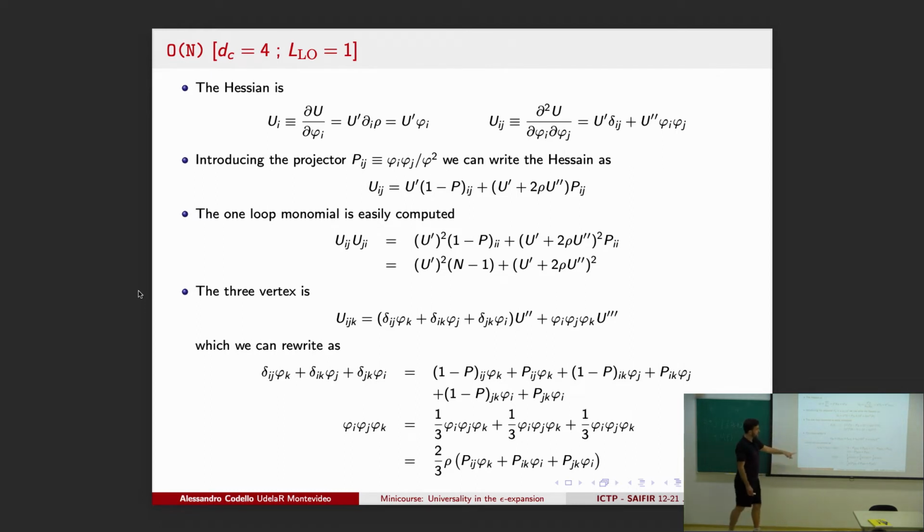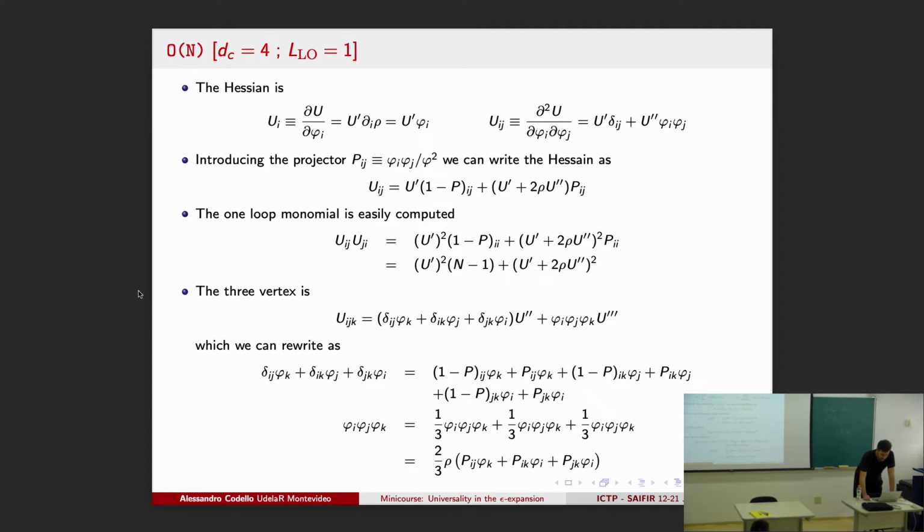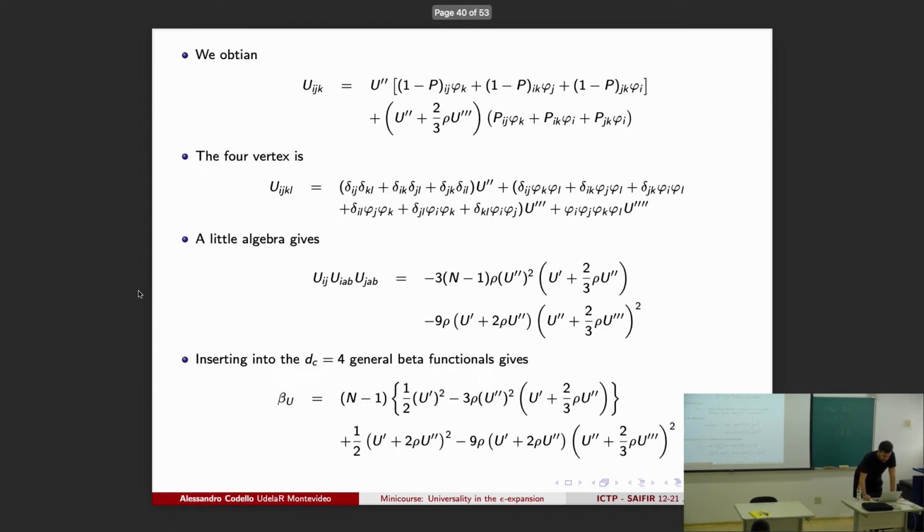We can also do some manipulation in such a way that we can write it in terms of the projector. You can just do this by putting it into Mathematica and not even close your eyes, but you can go through the structure very easily also by hand on a piece of paper, just to give you an intuition of how it works in general. So you see, we have a nice expression for the third vertex, and then the same thing for the fourth vertex.